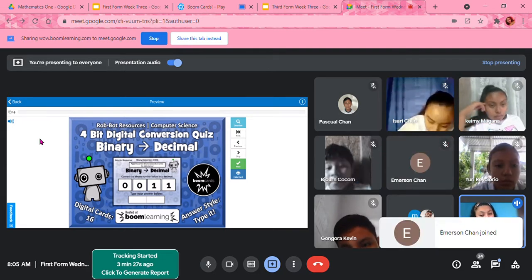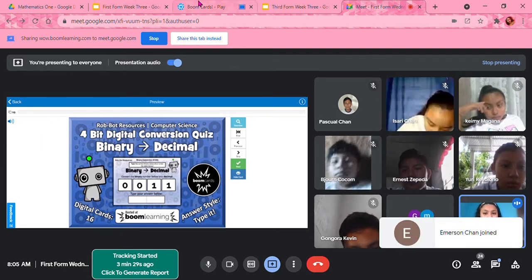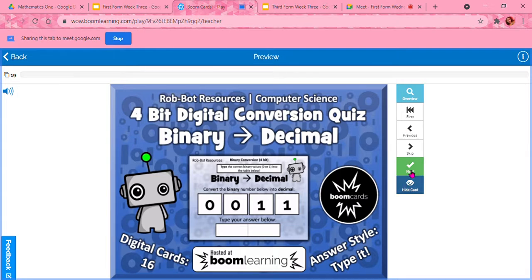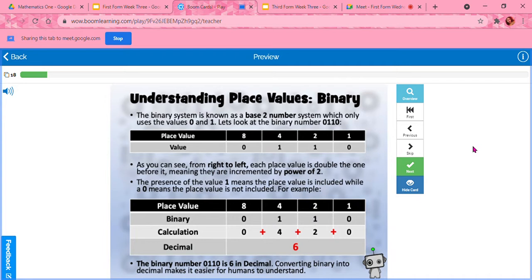Yesterday when we were talking about binary and denary systems, we looked at the place values first. We want to expand the number.